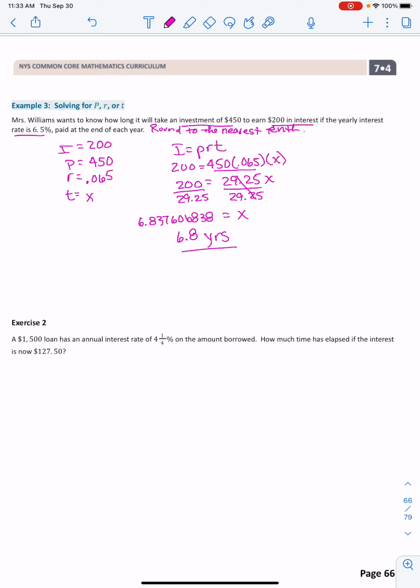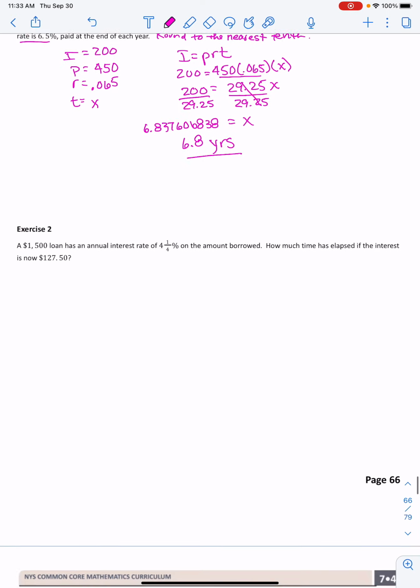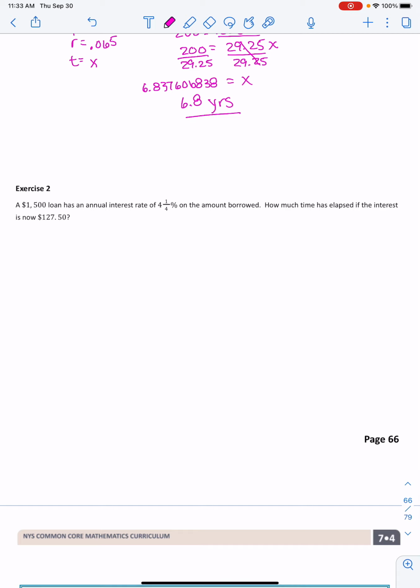Our last question says a $1,500 loan has an annual interest rate of 4.25% on the amount borrowed. How much time has elapsed if the interest is now $127.50? So we have our letters.